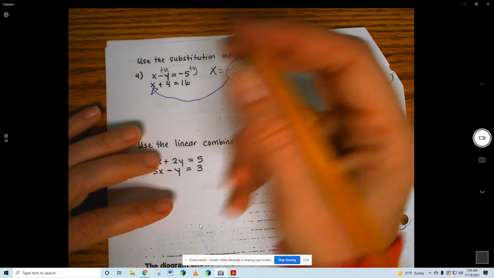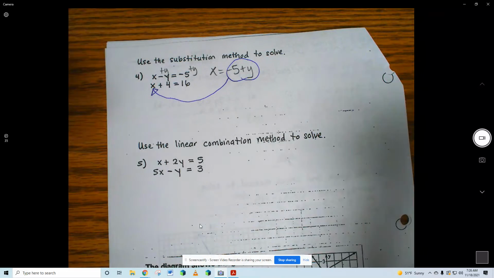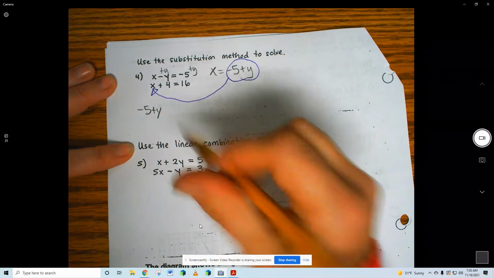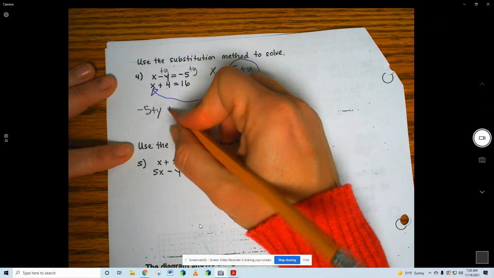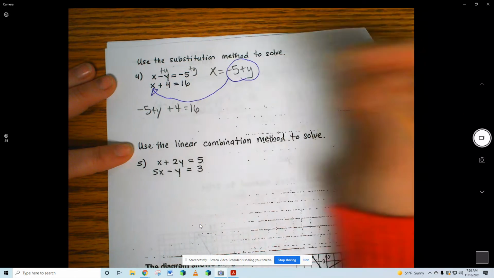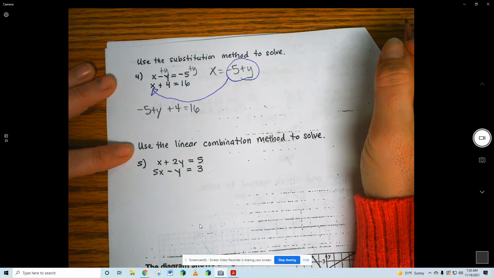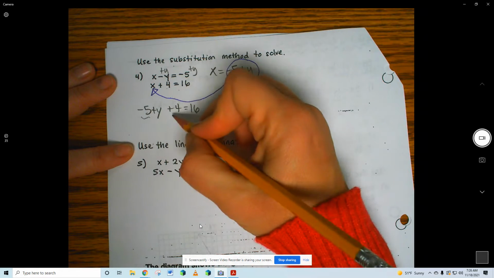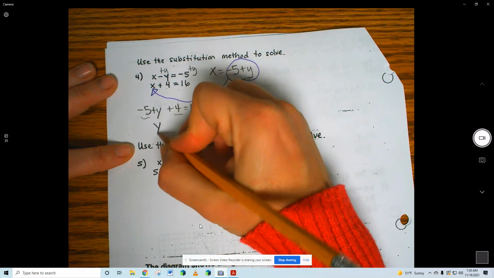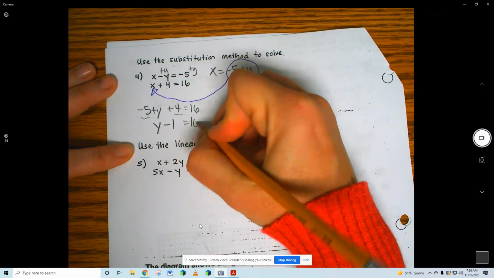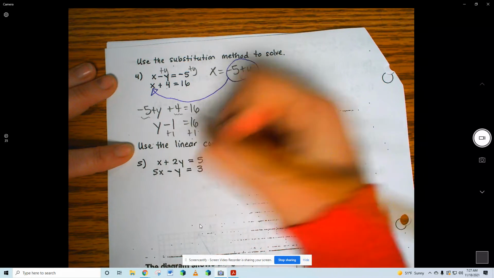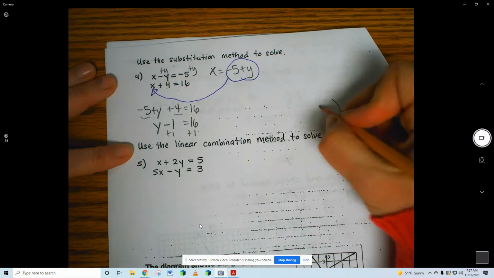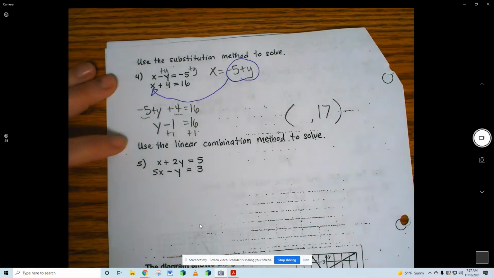So x, which I just found out, is -5 plus y, and then plus 4 equals 16. This -5 and this +4 make a -1. My y value is 17. I'm halfway done with my solution.